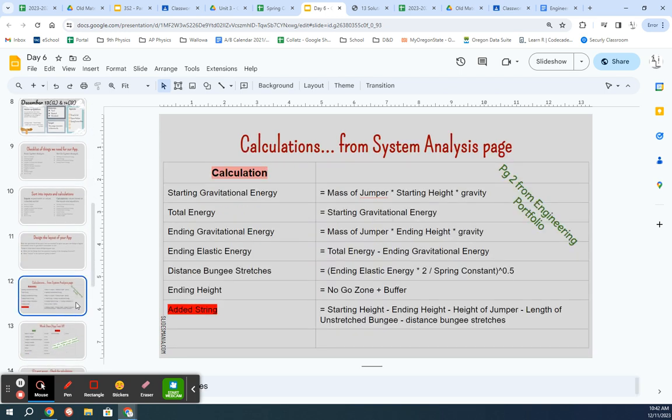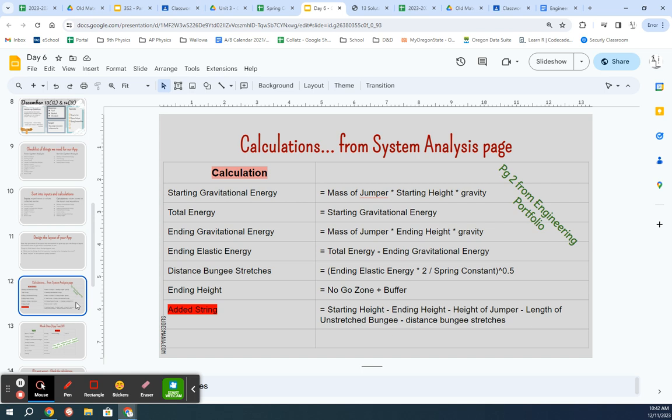Again, these calculations should come from our system analysis page. We talked about the starting gravitational energy being the mass of the jumper times the starting height times gravity, or 9.8. We talked about the total energy having to equal that starting gravitational, because that's all the energy that you start with, and that energy has to be conserved.